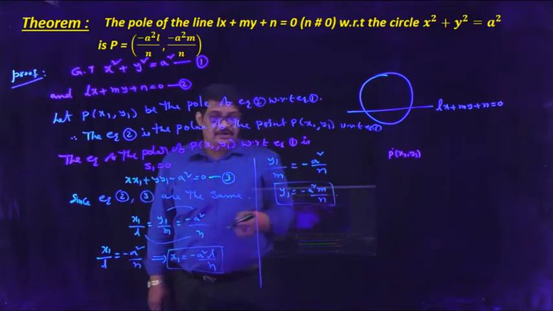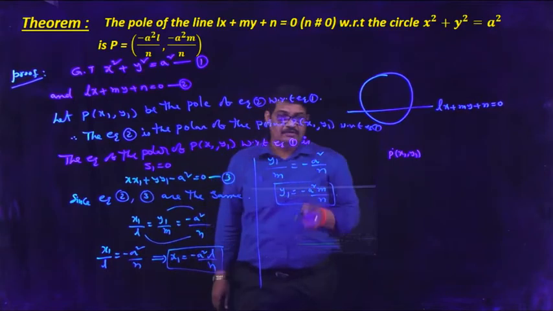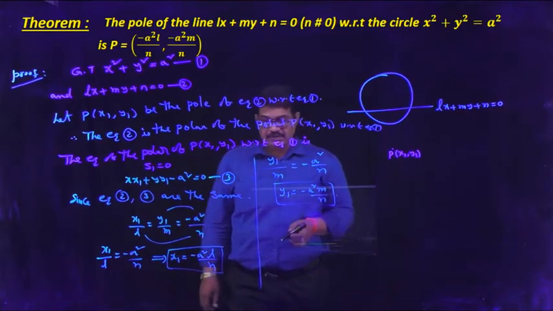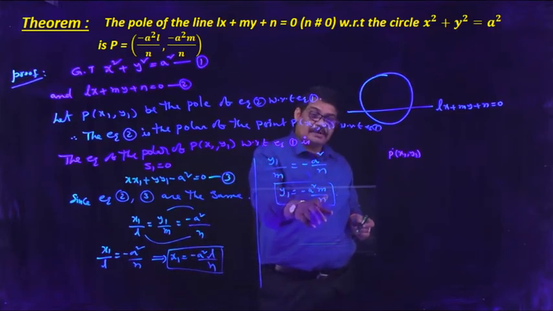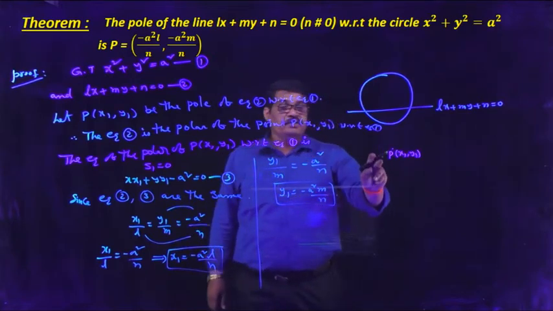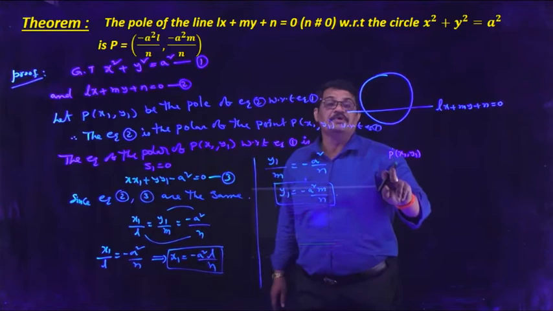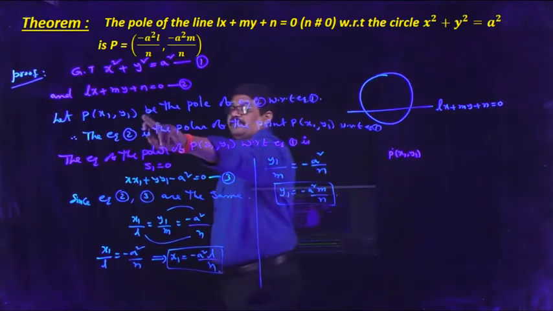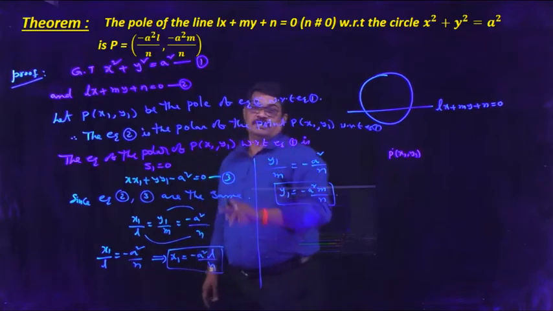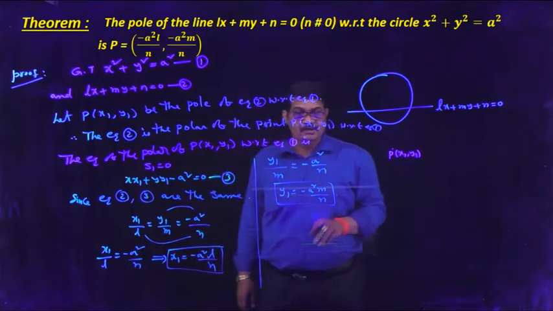These are the coordinates of the point P of x1, y1. What is x1 here? Minus a square L by n. And what is y1? Minus a square m by n. These are the coordinates of the point P. What is here point P? We are assuming that P of x1, y1 be the pole of the line equation 2 with respect to the circle.